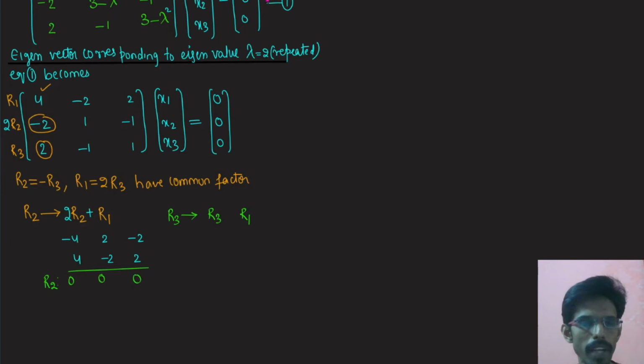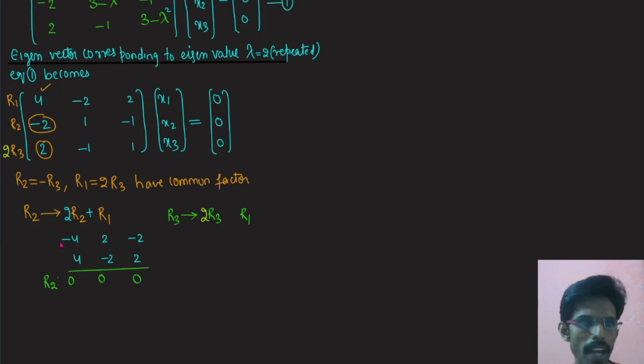Now let us modify R3 with the help of R1. If I multiply 2 to R3, it will become 4. So what I am doing here is just multiplying 2 here. So 2 into 2 will become 4, and this R1's 4 and row 3's 4 will get cancelled.